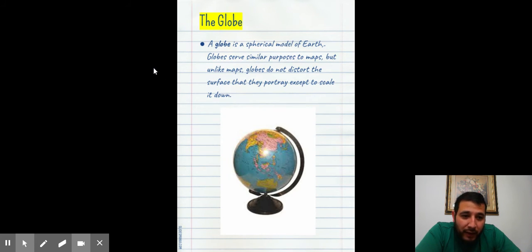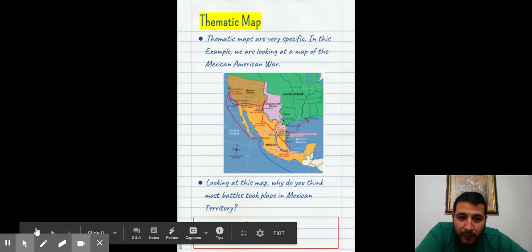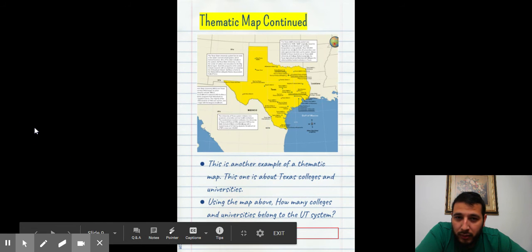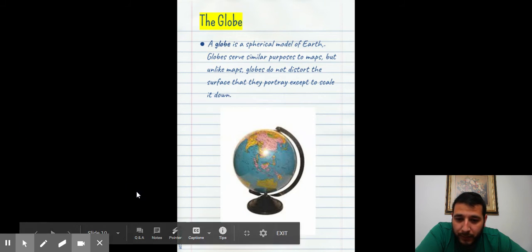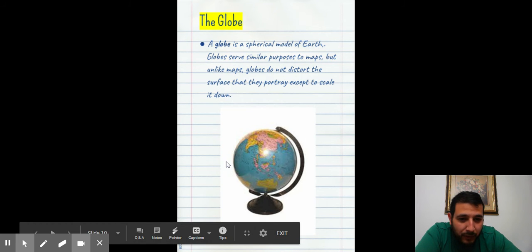Now, this is just an extra. We're gonna cover this tomorrow, but just so you have a little taste. This is a globe. Let me go back so you can see all of these. All the other maps are 2D. They're just squared. Now this one is a globe, and you've seen a bunch of them in classes.